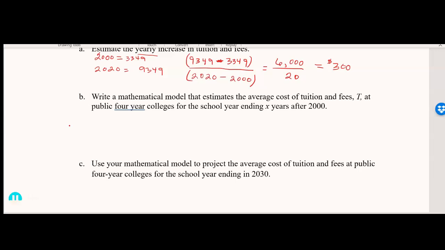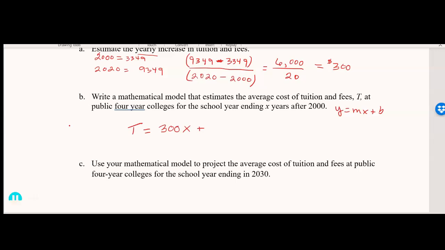All this means is we want to create our equation like what we did before. So in this case, instead of y, remember how I wrote this down before? That was your generic equation, right? Well, in this case, y is going to be T. We want to find out the tuition cost. We found out what our number was before. It was 300. That goes in front of your x.